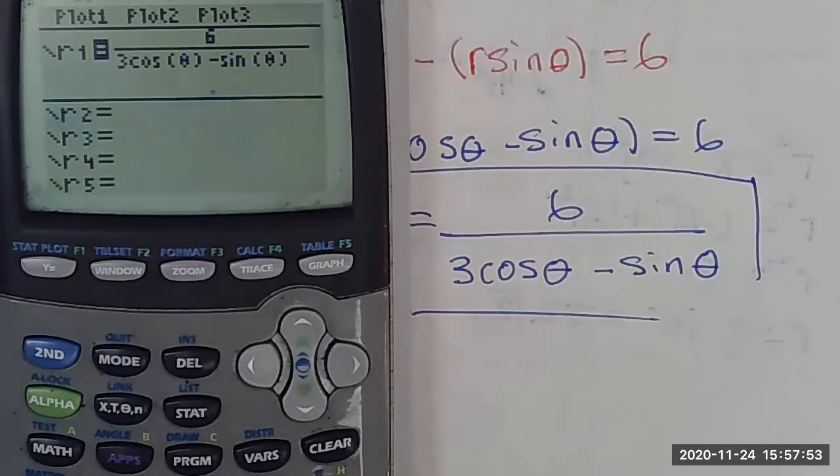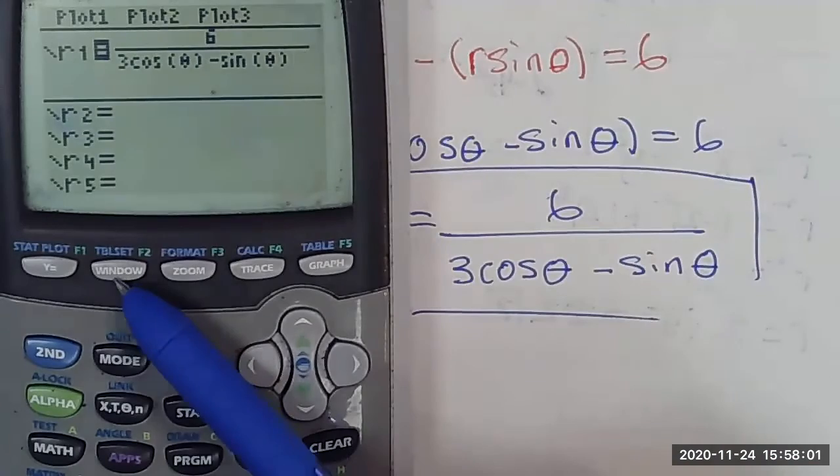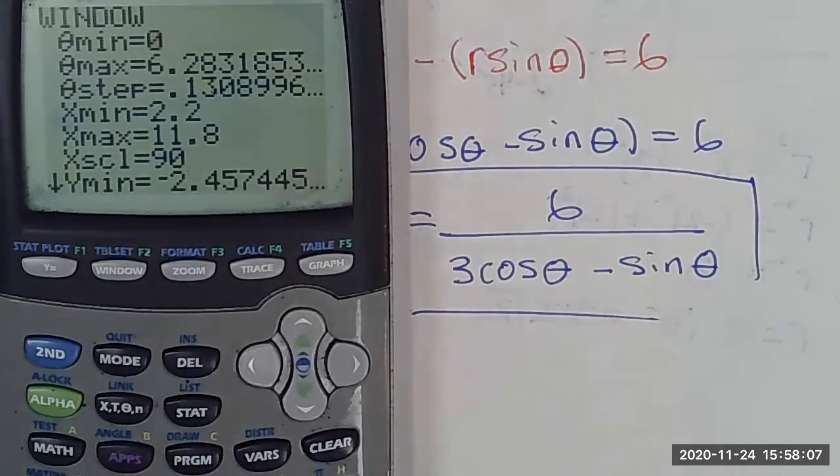Zoom standard is really nice when you're in rectangular form because it goes -10 to 10, -10 to 10. Don't do zoom standard. I'm going to press the window just to see what it looks like right now. Press the window. And you're going to see a lot of steps that is maybe not familiar to you. So the first thing it's asking for is theta.